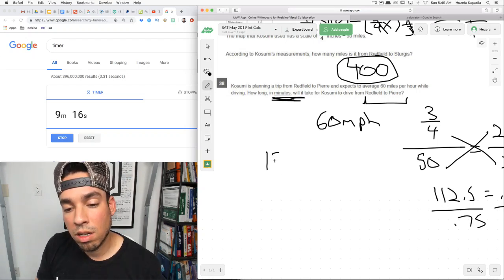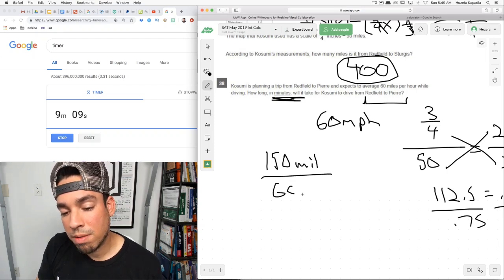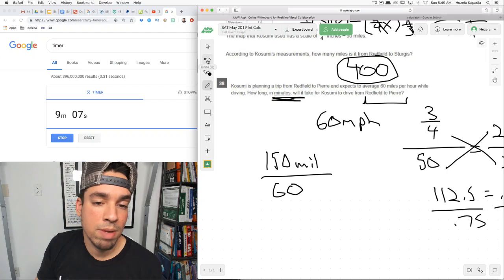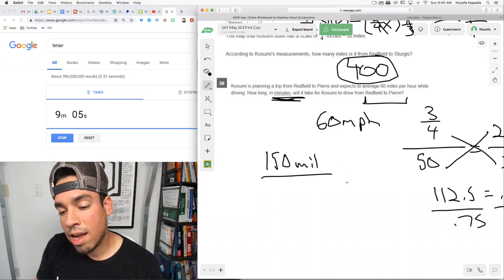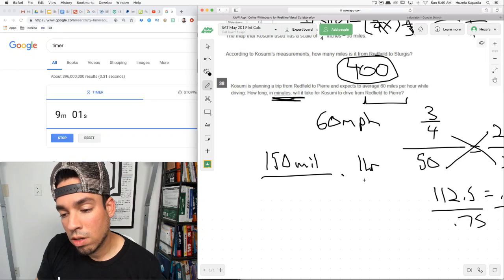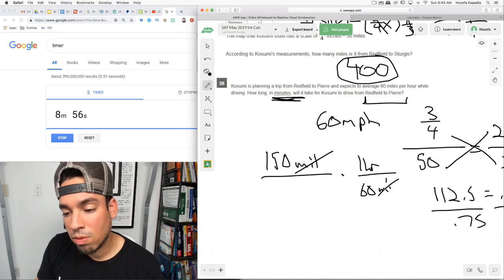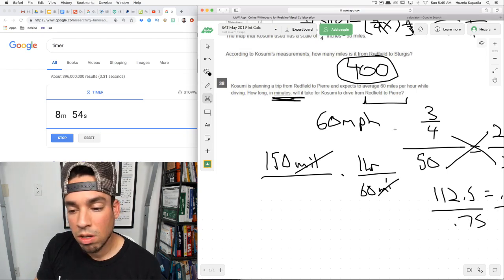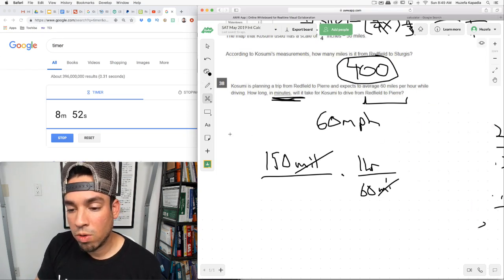So it's 150 miles, and we can basically just divide it by 60. But the way you want to think about it is, in 1 hour, I can go 60 miles, and then that cancels this out. If you think about it like this, it might be easier. Now I'm already in a unit of time, but then I want to get to minutes.